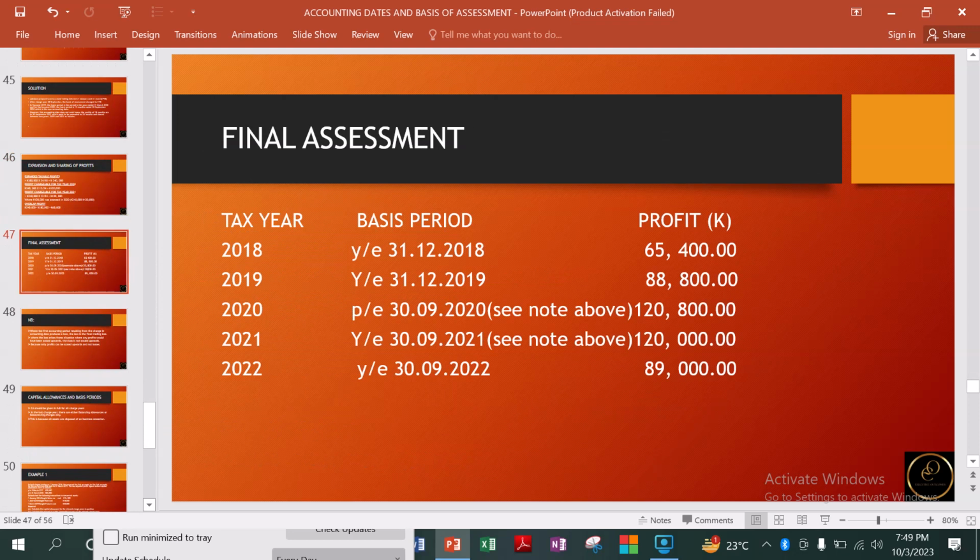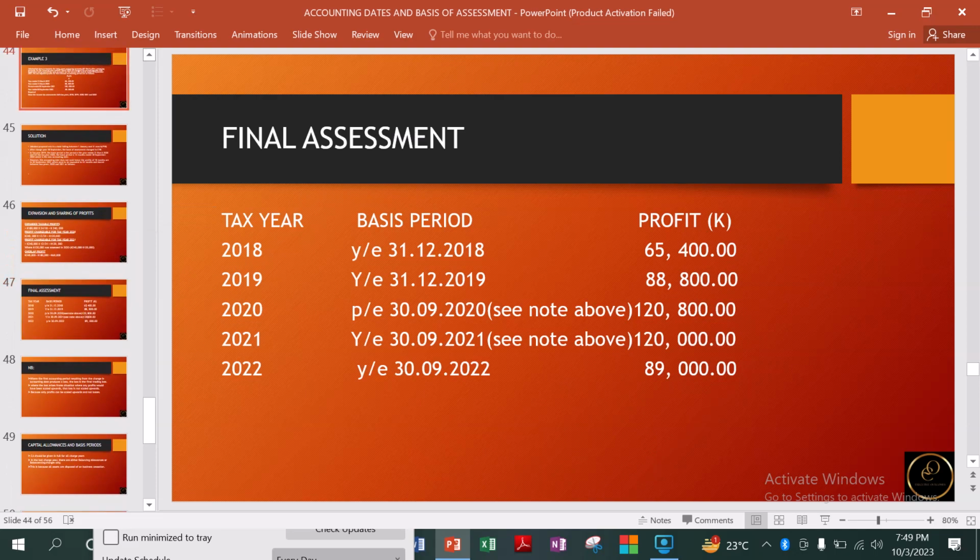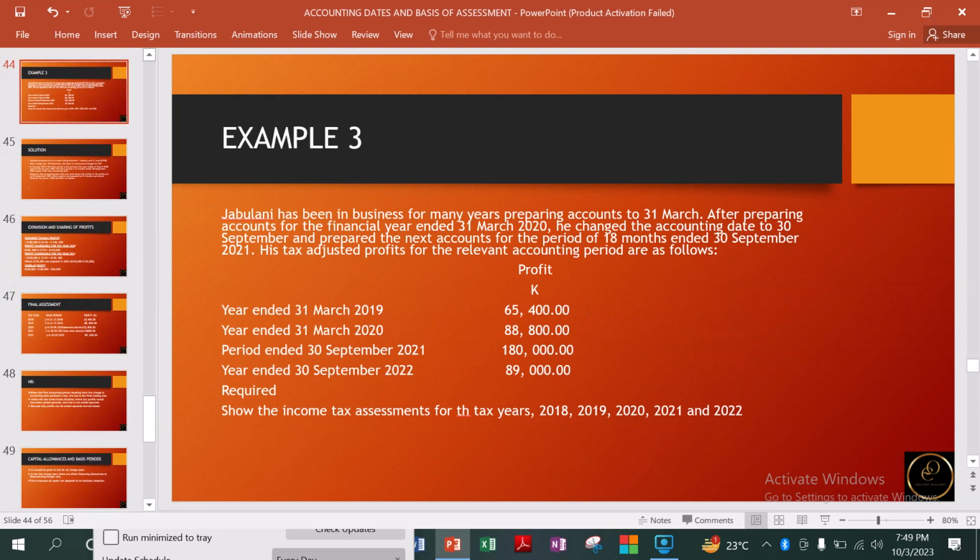Looking at what we have calculated now, we can schedule them in this particular manner. We have the preceding year basis. Starting with 2018, let's look at the original question. We have 31st March 2019, 65,000.